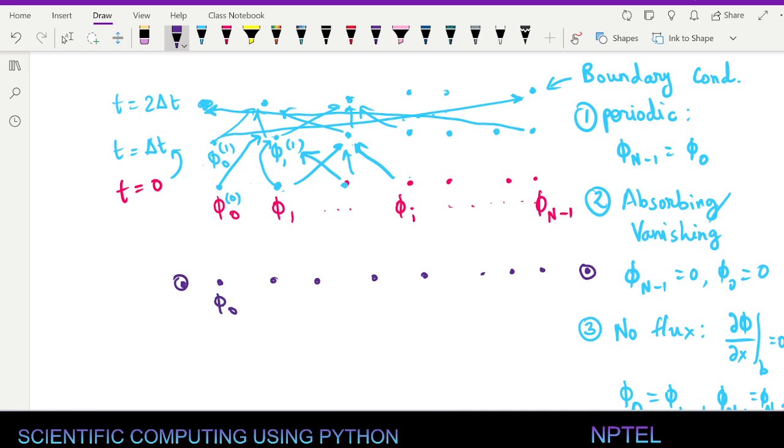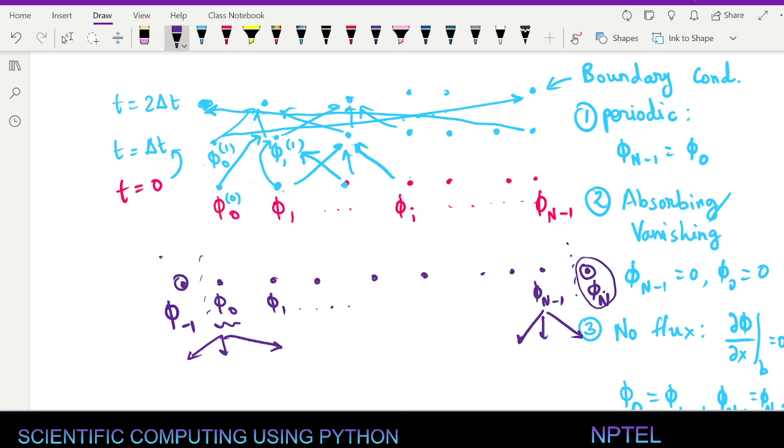So this is your phi 0, phi 1, etc. to phi n minus 1, and this is like phi minus 1, and this is phi n, right? Which are not your actual points. But then to calculate phi 0, you can use these three, and for this one, you can say it's this one, and at the end, say that phi n is equal to phi 0 and phi minus 1 is equal to phi n minus 1.